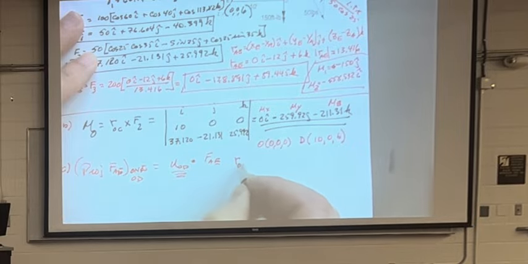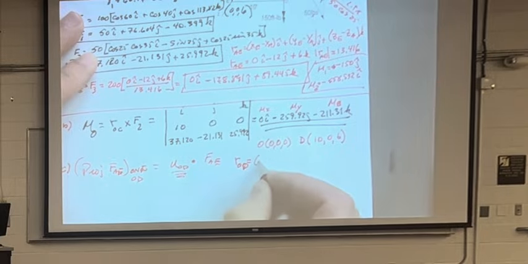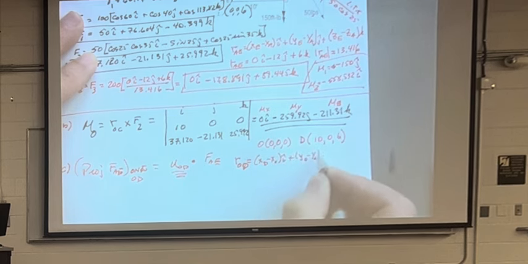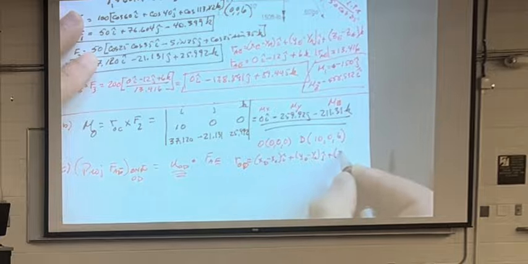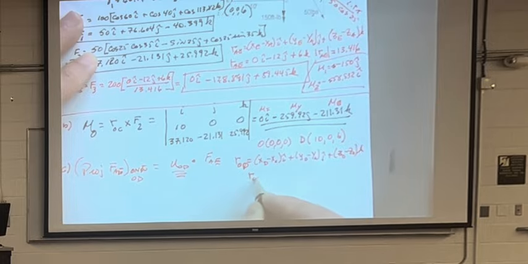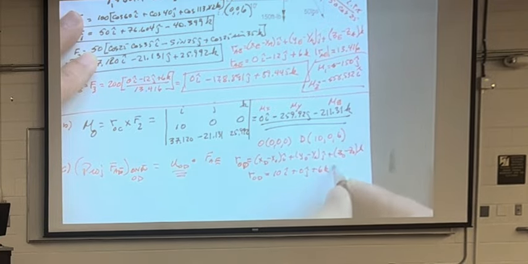So our OD is (XD minus XO)I plus (YD minus YO)J plus (ZD minus ZO)K. ROD is 10I plus 0J plus 6K. Magnitude of OD is 11.662.